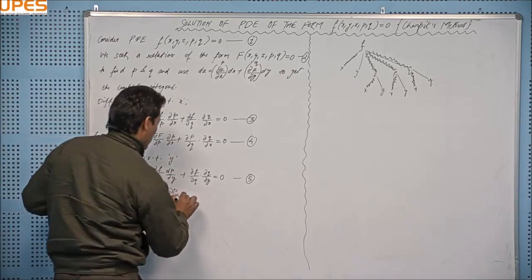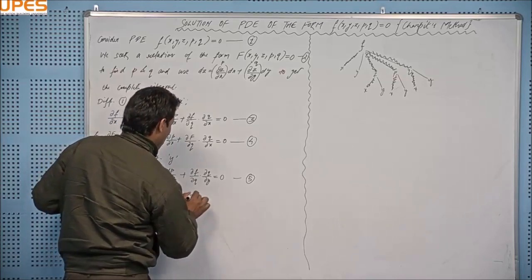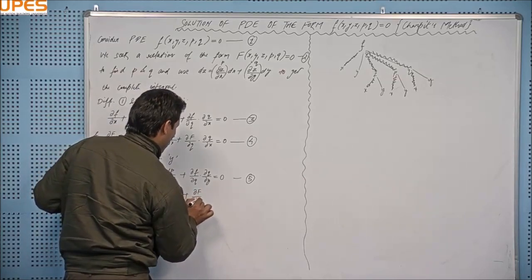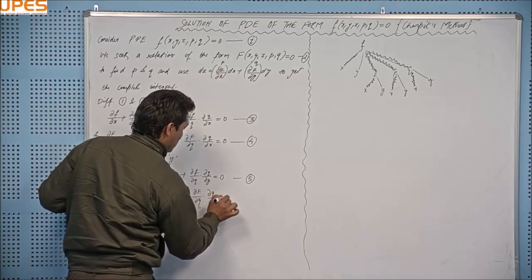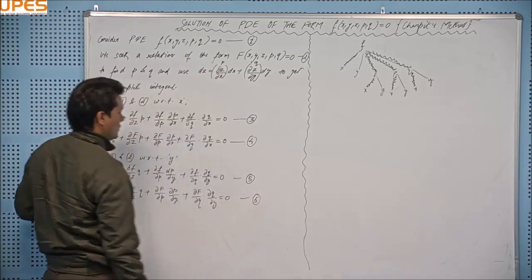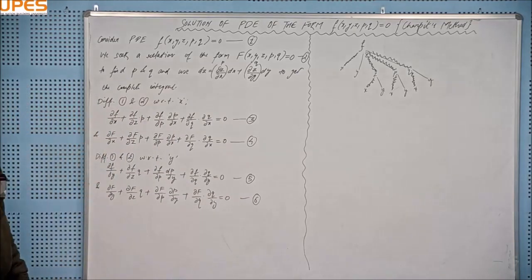Plus ∂F/∂q and ∂q/∂y equal to 0. Okay, sixth. So I've got 4 equations, right? And I have to do something to eliminate.